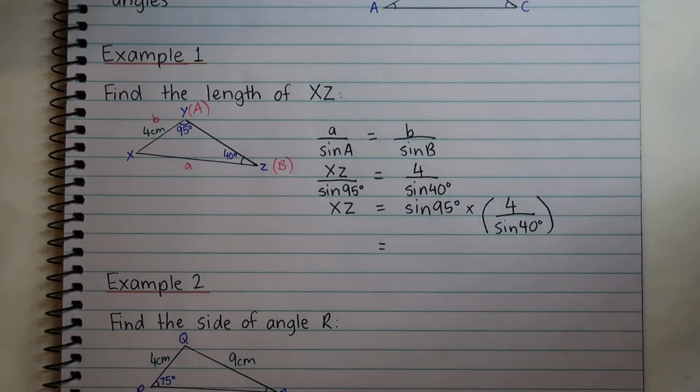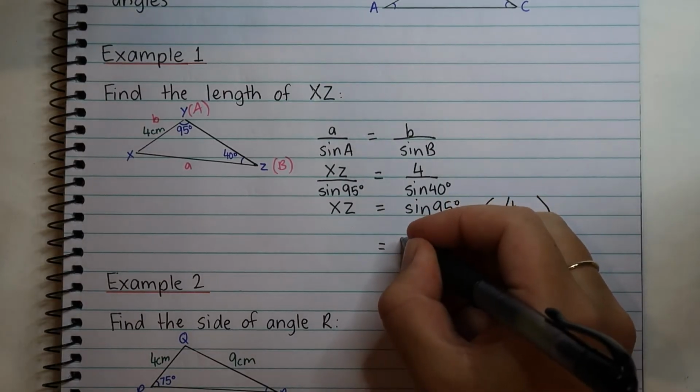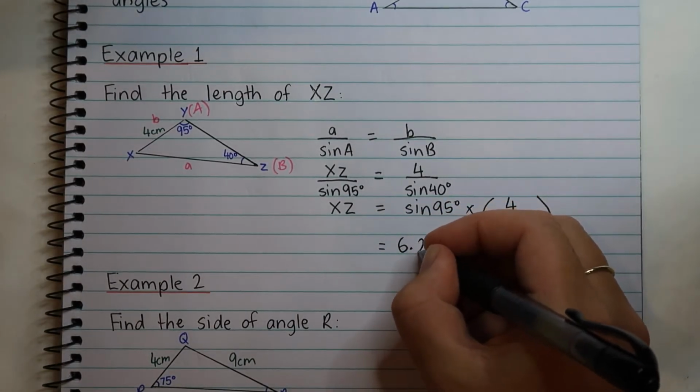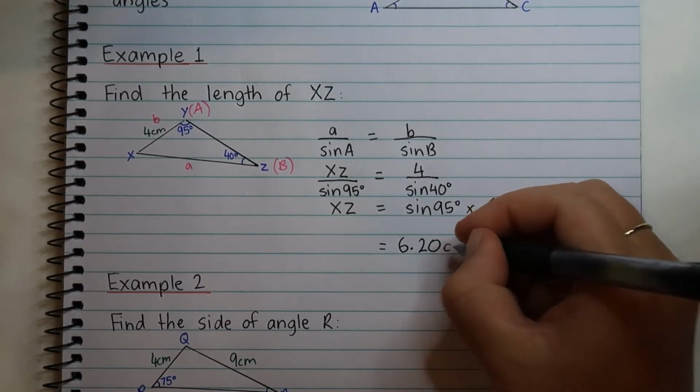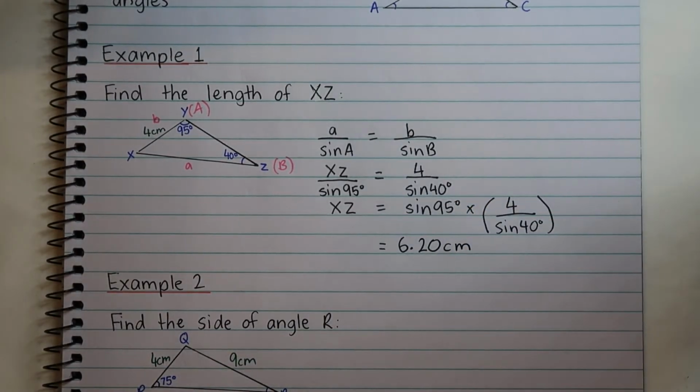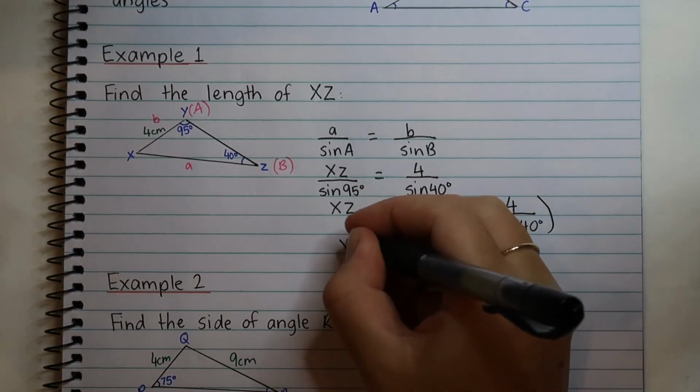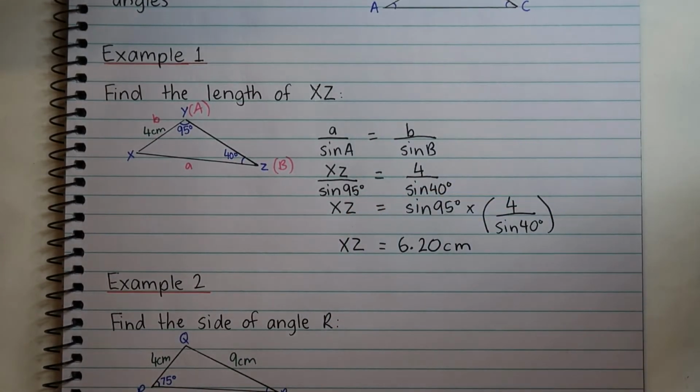And putting this into your calculator, you should get a value of approximately 6.20, rounded to 2 decimal places. And don't forget your units. So that's one type where we're finding a side.